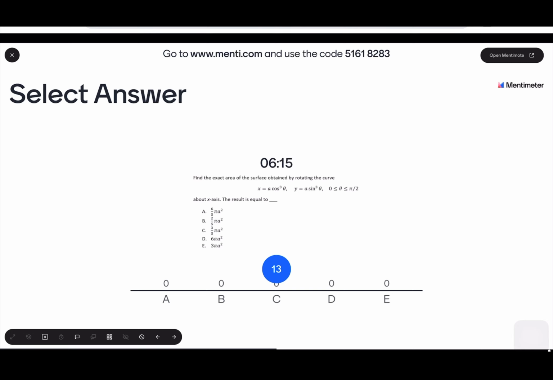So 2 pi y, and then you need to take the square root of dx d theta squared plus dy d theta squared. You need to derive first and then square. Derive with respect to theta, since the parameter is theta. And then at the end, plug in 0 and pi over 2. And a is still there, a is just a constant.